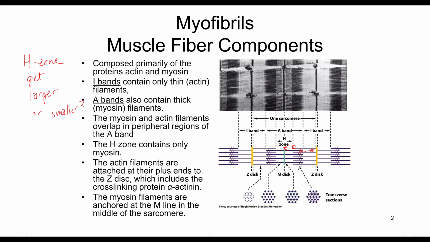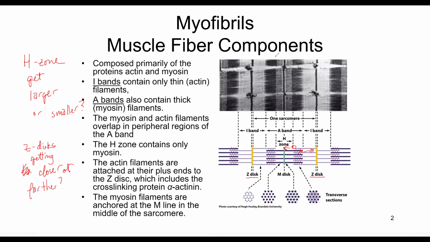Let's think about the Z discs: are they getting larger, or sorry, getting closer or farther? They're getting closer. So if the H zone is shrinking, so too is the I band.